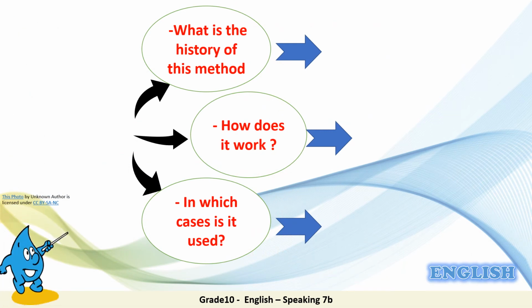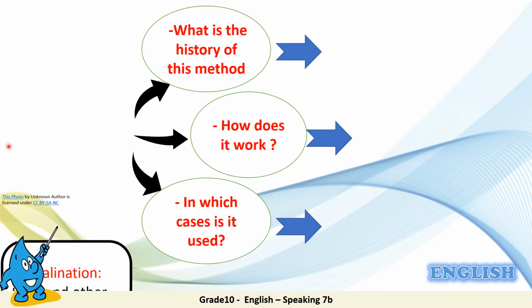Together we are going to take the example of desalination and fill in the graphic organizer below with information about it. We will talk about its history, how it works, and the cases in which it can be used. But before that, we have to define desalination. What is desalination? Can you think about a definition? Very good.